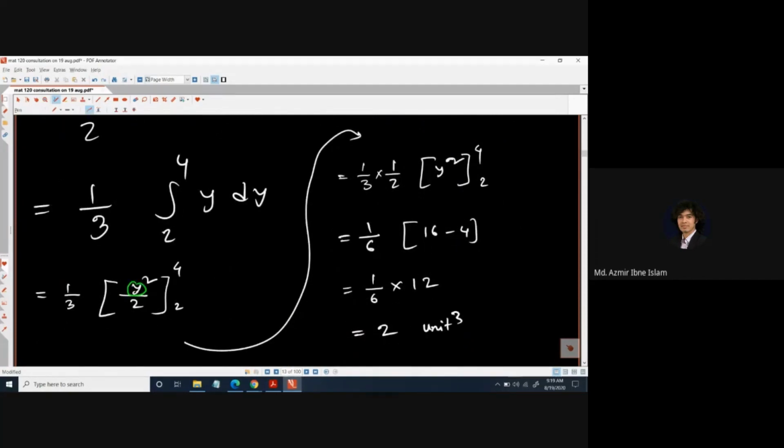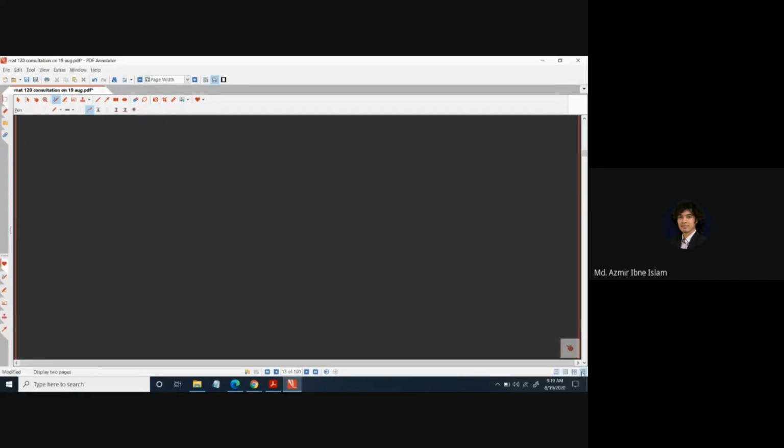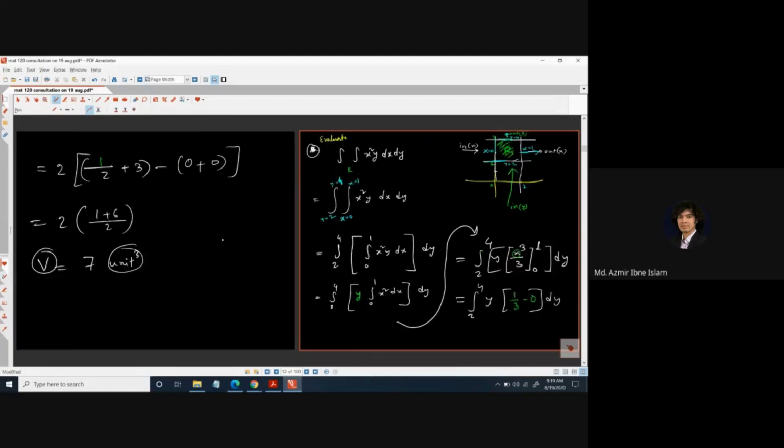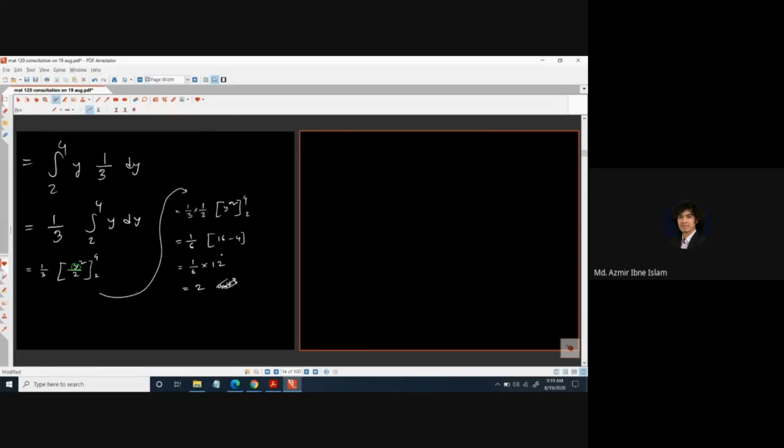You don't need to write unit cube, but for your better understanding I am writing it. Everything we are discussing in calculus has different units. Differential calculus deals with rate of change, and integral calculus deals with area, volume, length, and surface area of any kind of shape. So these are the things for double integral in a rectangular region.